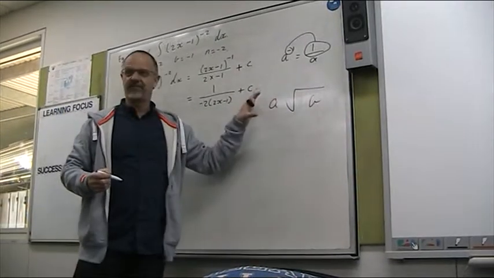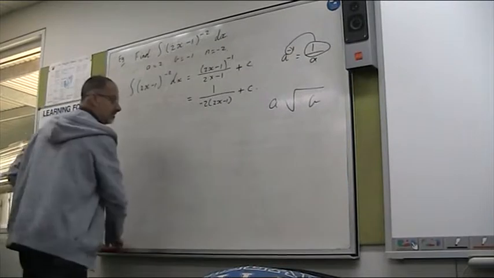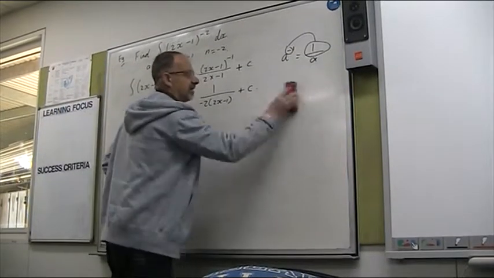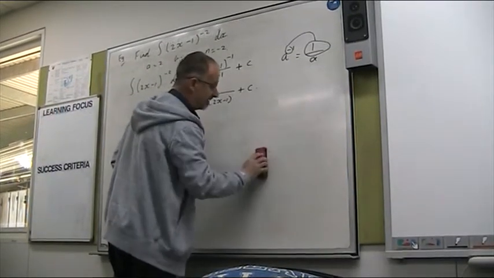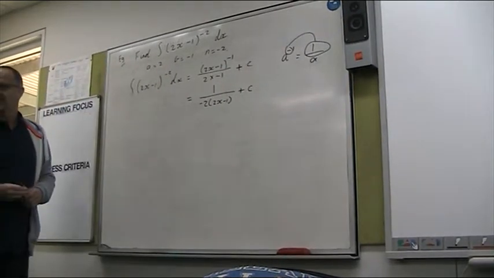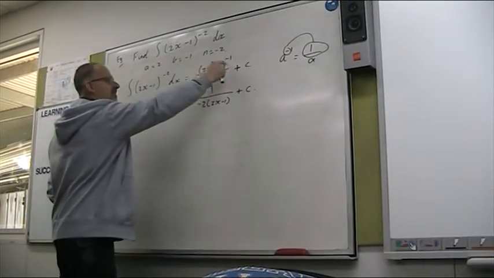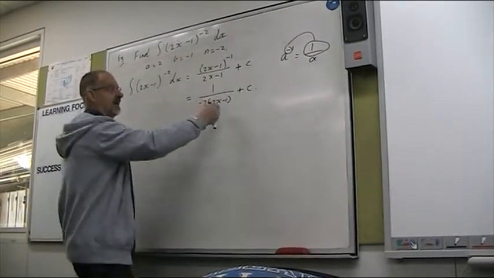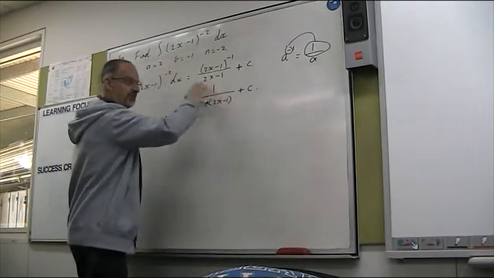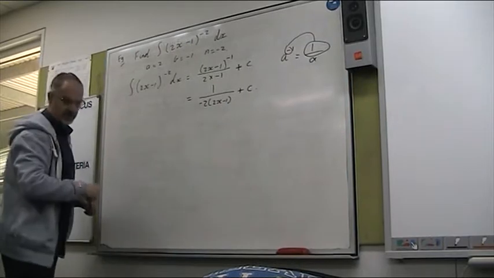If they say give your answer in that form, then you've got to write it like that. Under pressure in the exam, these are the things that you miss, remembering to go back and read the question to make sure the form that you've got your answer in is what they're looking for.